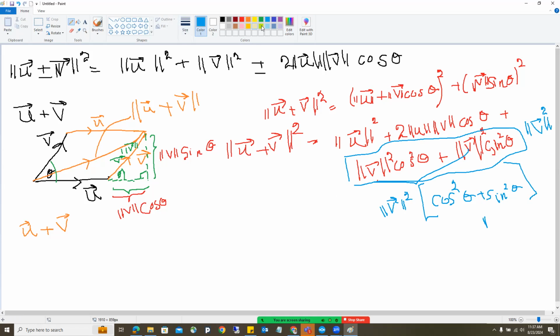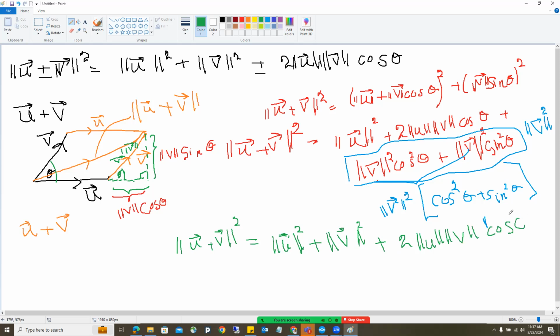That's how we receive modulus of u plus v squared as u squared plus v squared plus 2uv cos theta. Is it clear now?